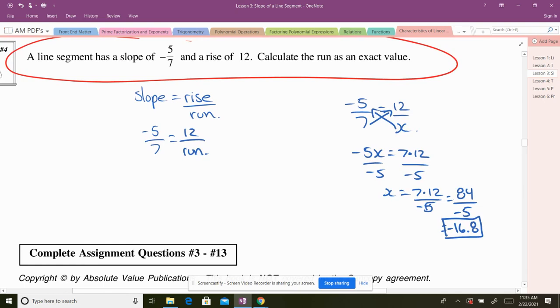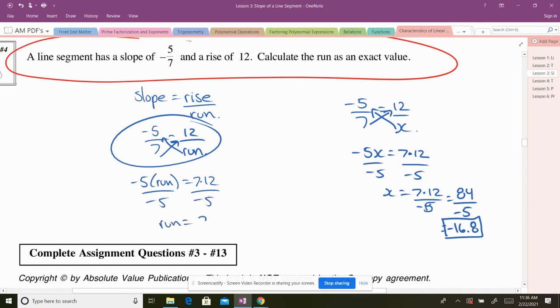That makes sense? So that's what I did here. If you're doing it in this equation, you'd multiply the run up and the 7, so I get negative 5 times the run is equal to 7 times 12. Divide off the negative 5. The run is equal to 7 times 12 over negative 5, so your run is negative 16.8.